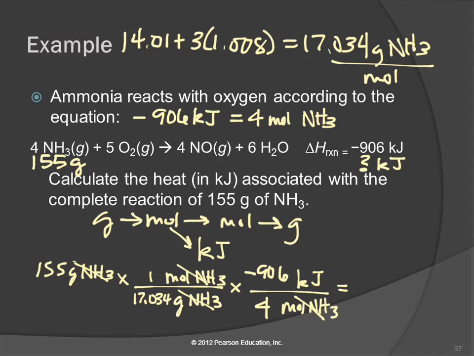And my calculator is showing me minus 2061 point a whole bunch of stuff. And the unit there will be kilojoules. So if we're going to pay attention to sig figs, we're going to keep 3. And we'll end up with minus 2.06 times 10 to the 3 kilojoules.